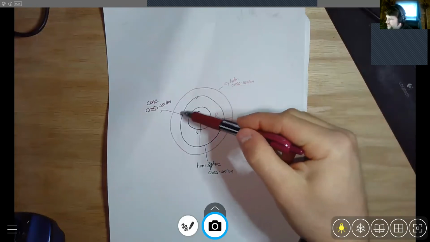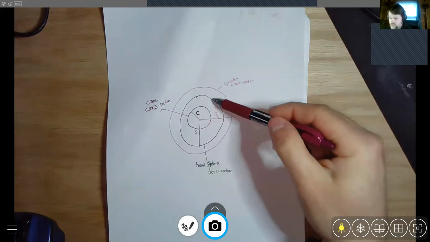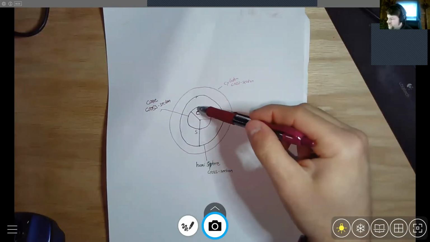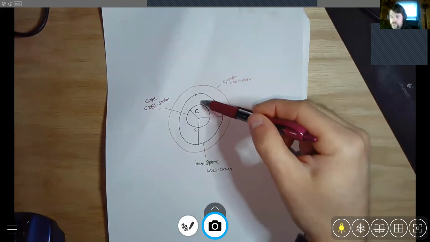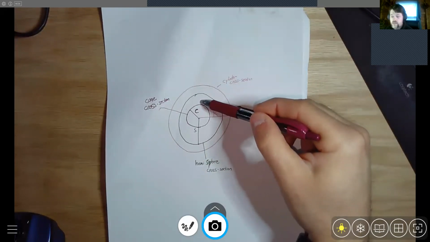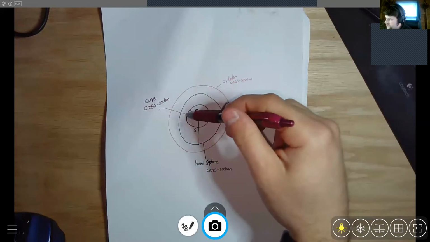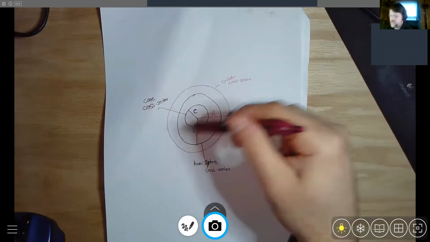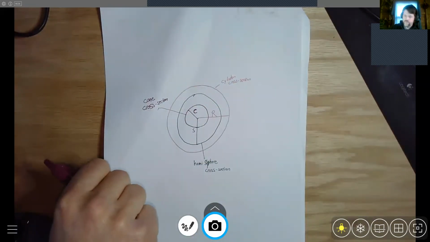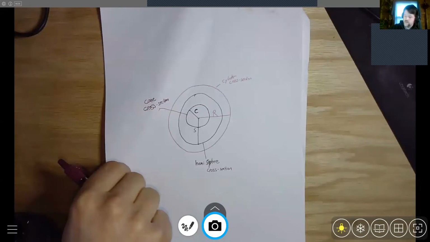And then you've got the hemisphere cross section circle. And then you have the cone cross section. And so you can see you've got 3 circles here of different radius. Maybe that helps.